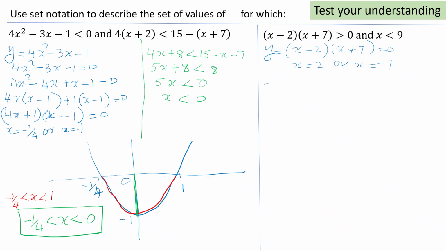So when x equals 0, y equals minus 14. Now sketch the graph. 0, 2, minus 7, minus 14.